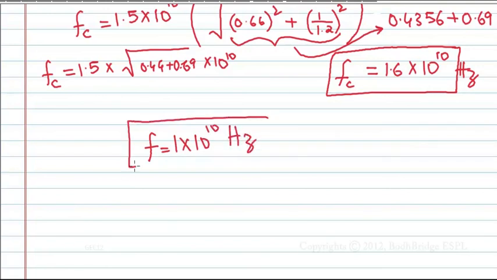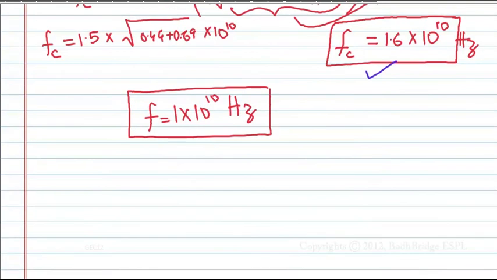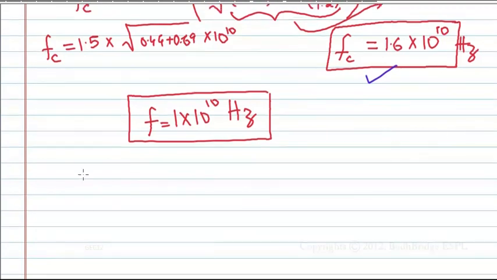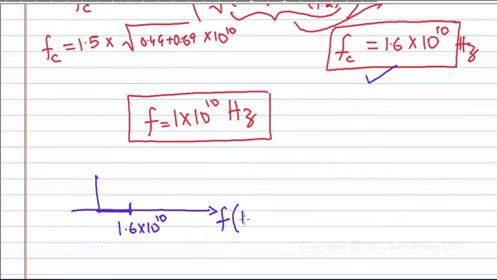But what did we get as the cutoff frequency? Cutoff frequency is this one. What does cutoff frequency tell us? The waveguide actually behaves as a high pass filter, which means up till the cutoff frequency 1.6 × 10¹⁰ hertz, it will not allow anything, and after this it will allow everything to go.